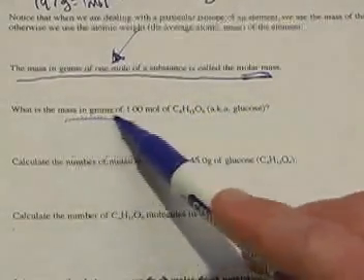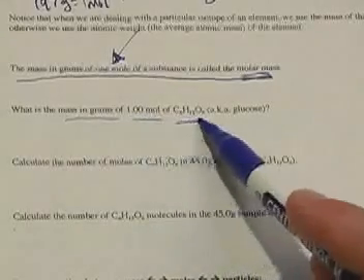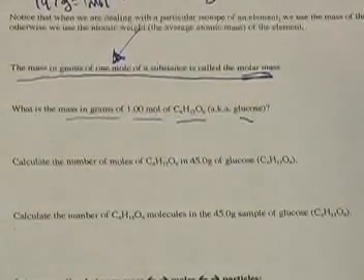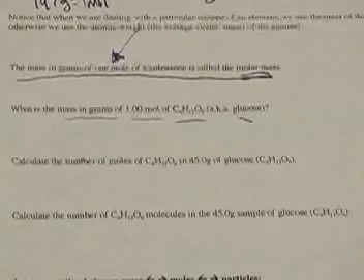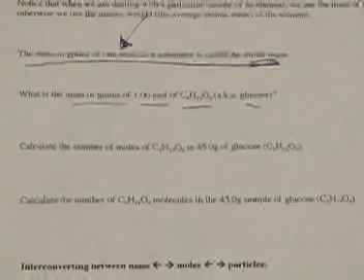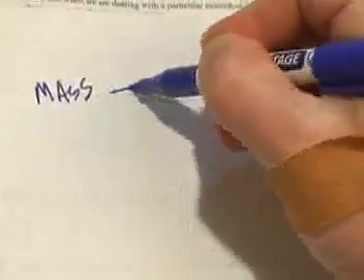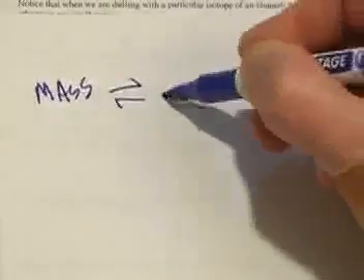What is the mass in grams of 1 mole of C6H12O6, also known as glucose? Well, the relationship can be written out like this, and I think it's a little easier if I take a piece of paper right now and just write out the relationship between mass and what's called the mole.